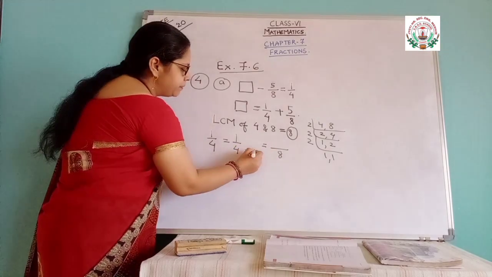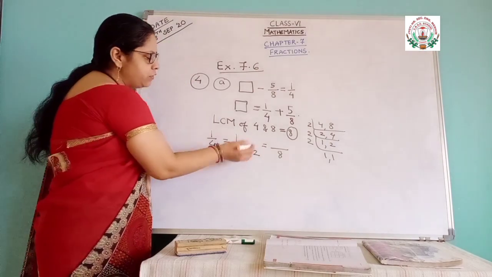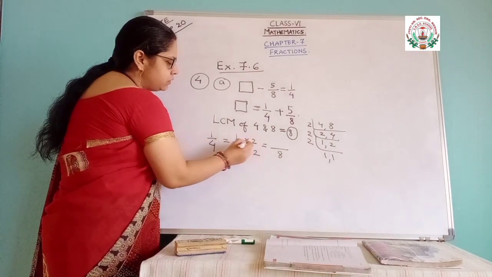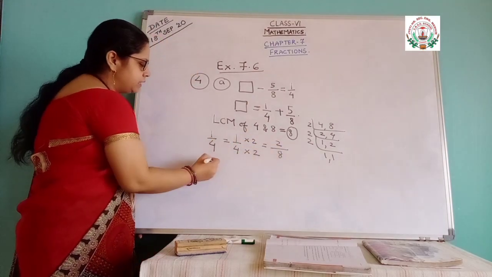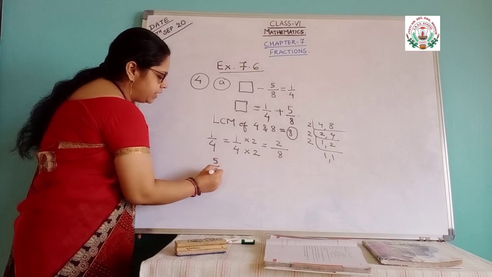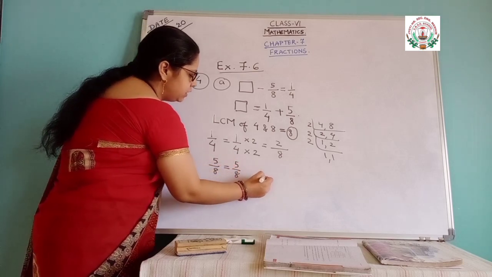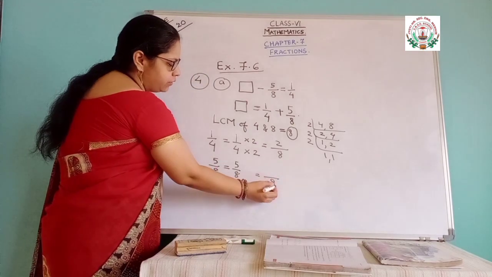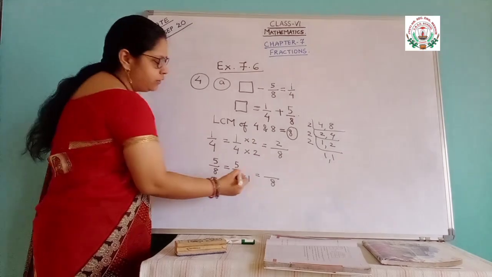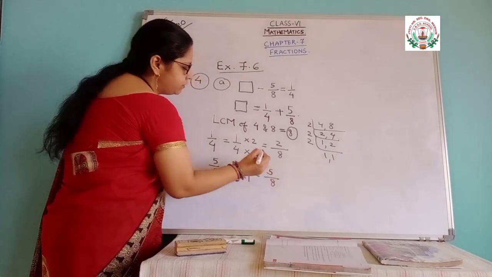When you multiply by 2. As you multiply the denominator by 2, the same you have to do for the numerator also. 2 1s are 2, so it is 2 by 8. And then the next number is 5 by 8. You are changing it to denominator equal to LCM. Already 8 is here. How will you get 8? Nothing to do, only multiply by 1. So here also into 1 only, so 5 into 1 is 5.